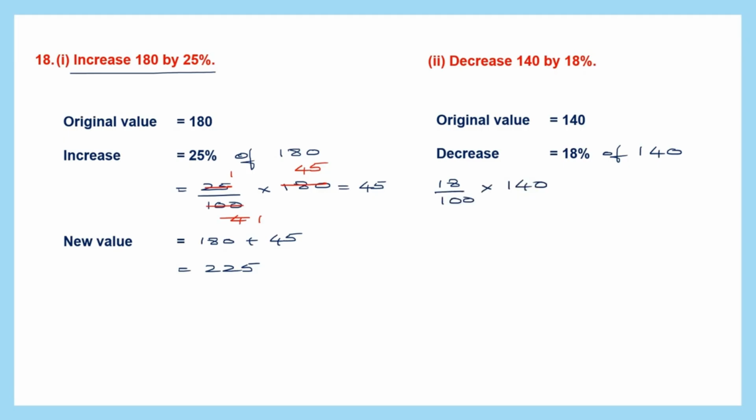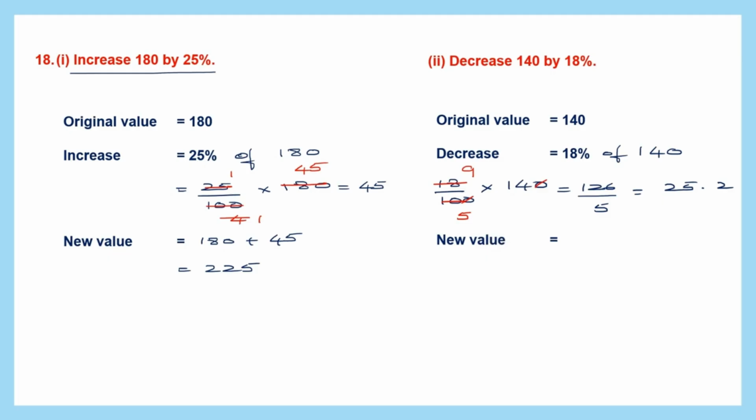So let's cancel this and this. What else can we cancel? We can cancel 18 and 10 by 9 by 2: 2 nines are 18 and 2 fives are 10. So here we get 9 into 14, which is 126, and in the denominator we have 5. When we divide 126 by 5, we get 25.2. So this is the decrease.